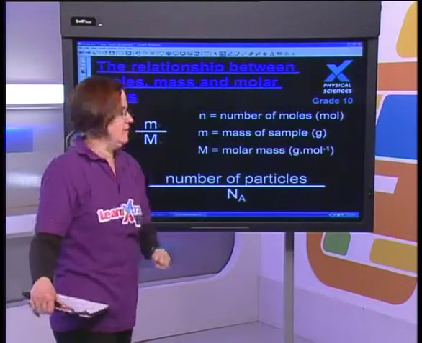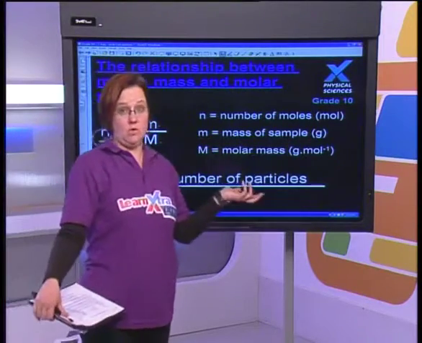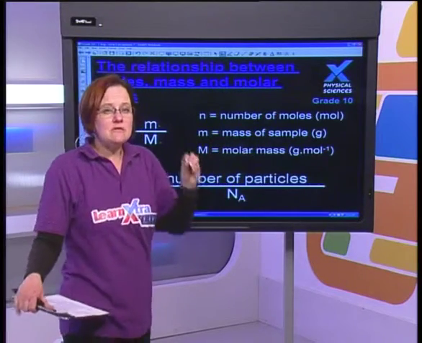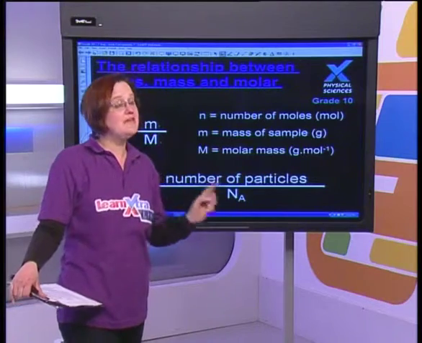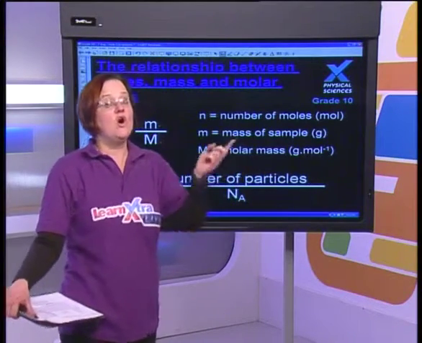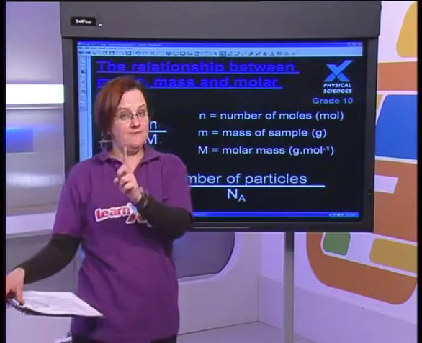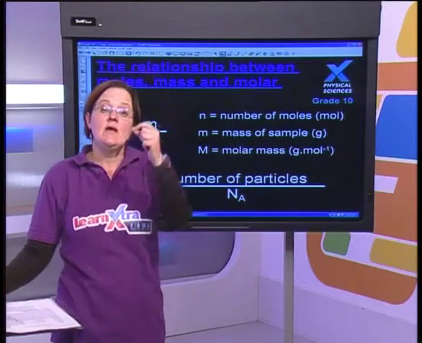Very important here, grade 10s. You can have half a mole, you could have a quarter of a mole, you could have a millionth of a mole. It goes down to 10 to the 23, but you cannot have half an electron. You can't have half a particle. So watch your numbers very carefully once you work out number of particles. It can't be a fraction.